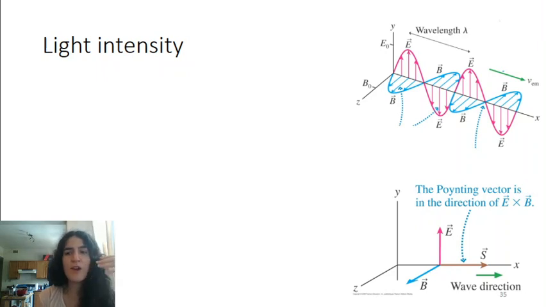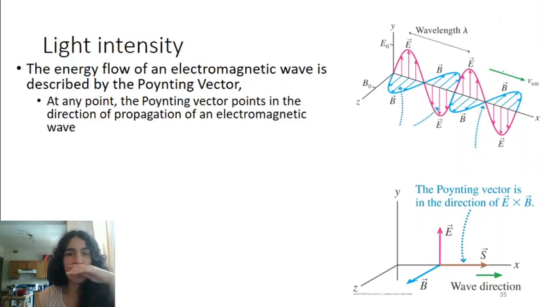So let's describe actually how this is quantified. So the first thing to talk about is we like to relate energy to this vector called the Poynting vector.